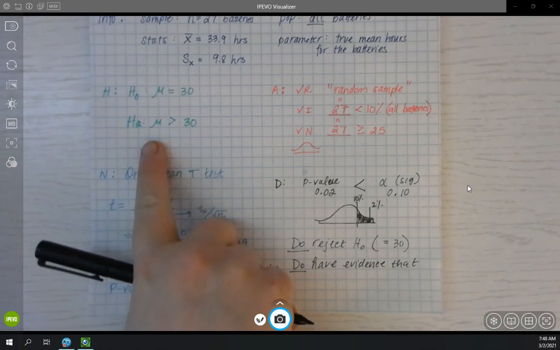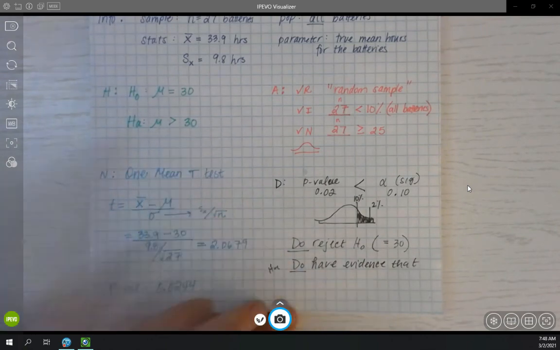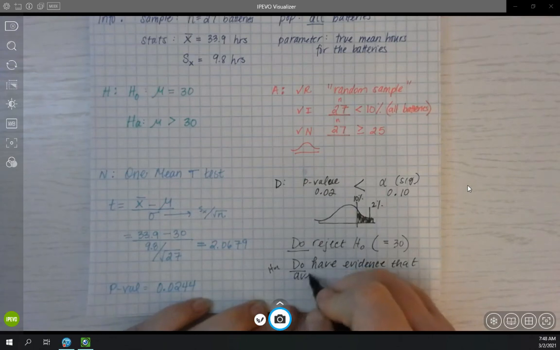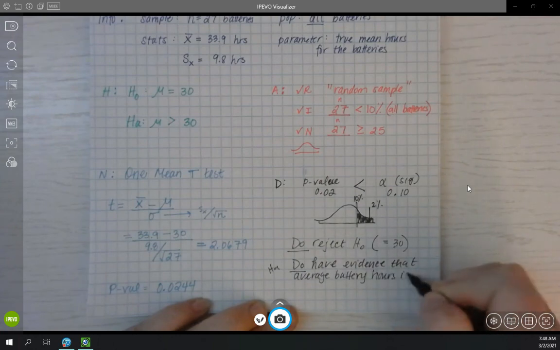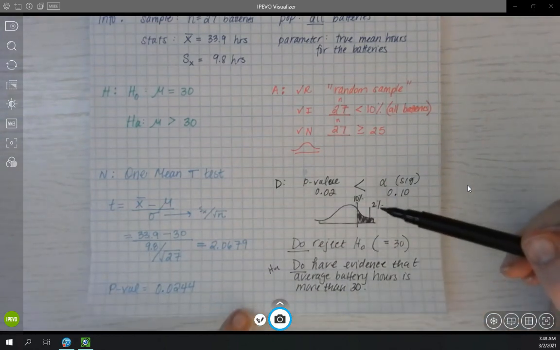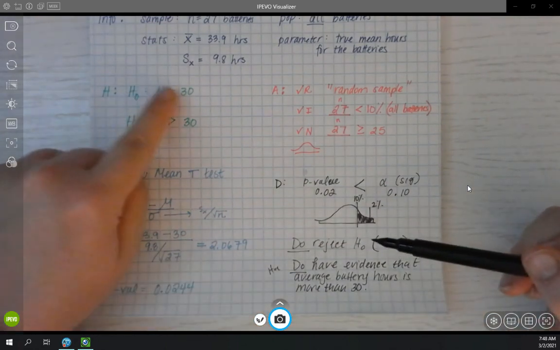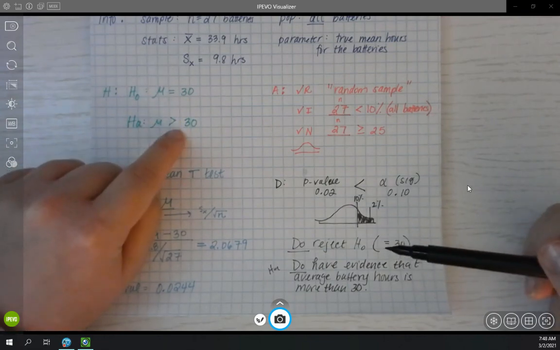I have evidence that the average is bigger than 30, that the average battery hours is more than 30. So because I landed in that rejection region, I'm going to reject that it equals 30 and that I have evidence that it's more than 30.